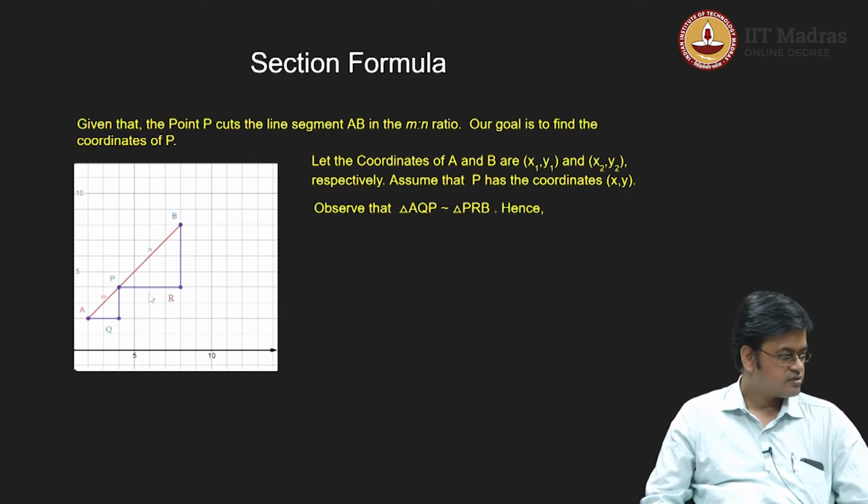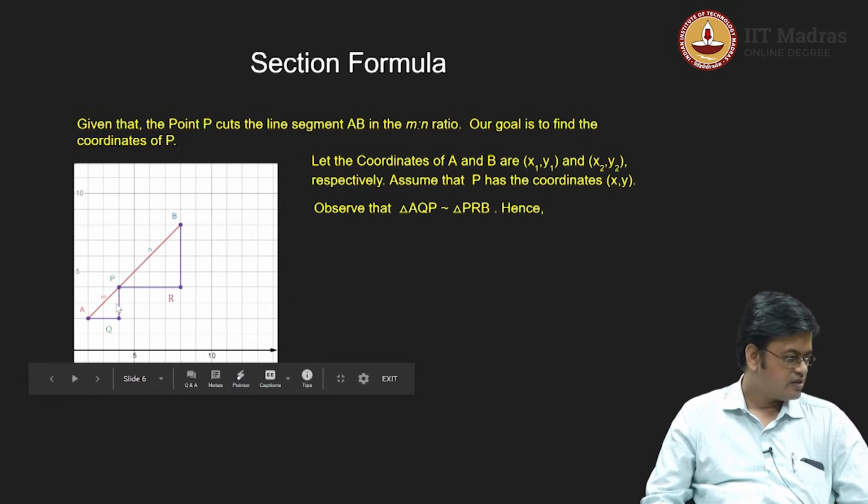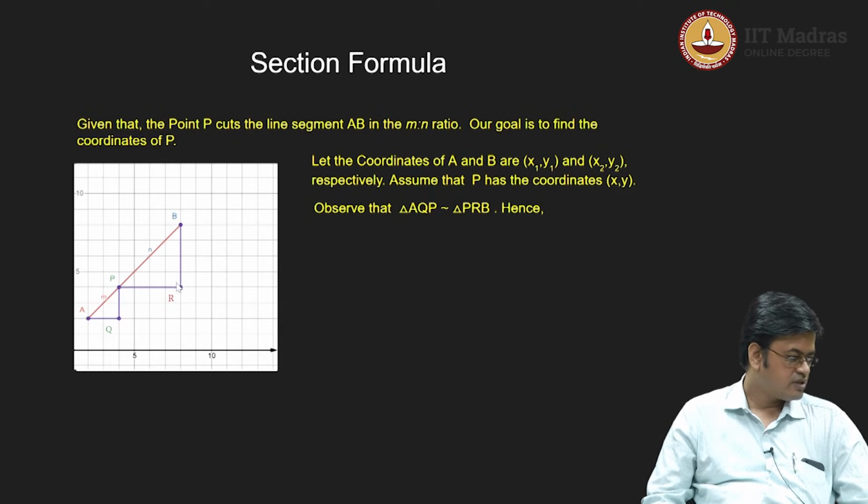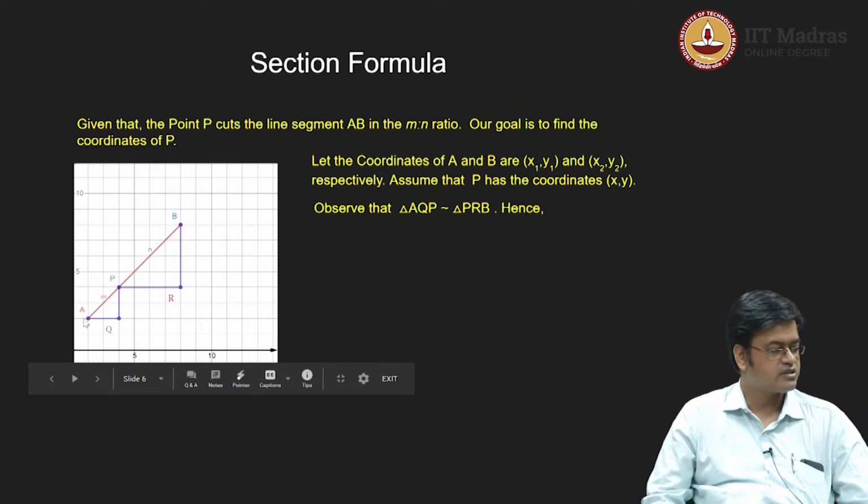the triangles, these 2 triangles, are similar to each other. How? First of all, this line is parallel to the x axis and this line is parallel to the x axis as well. Therefore, these 2 are parallel lines, and this is a transversal passing through them.